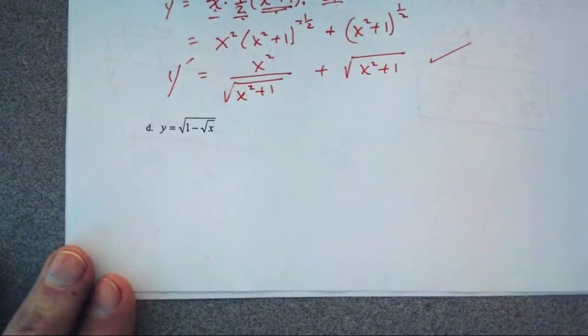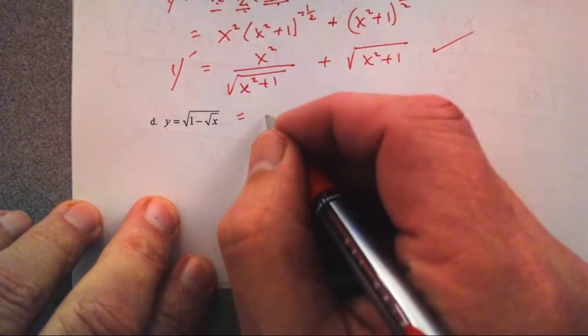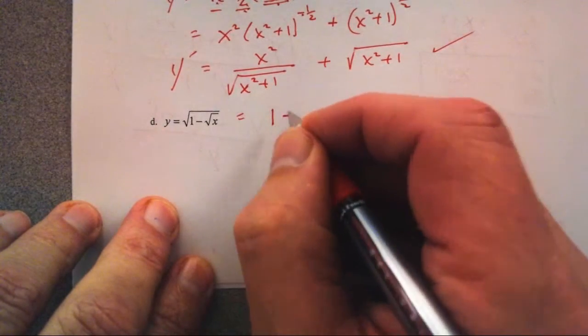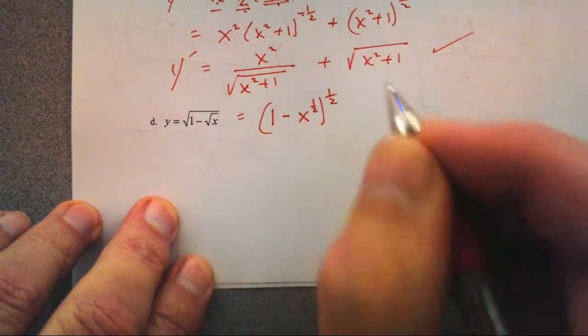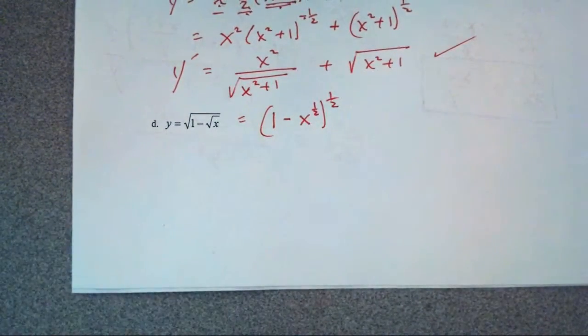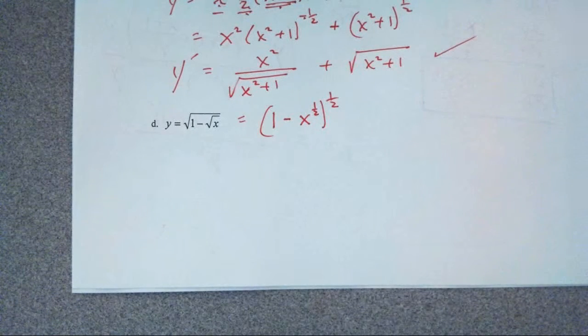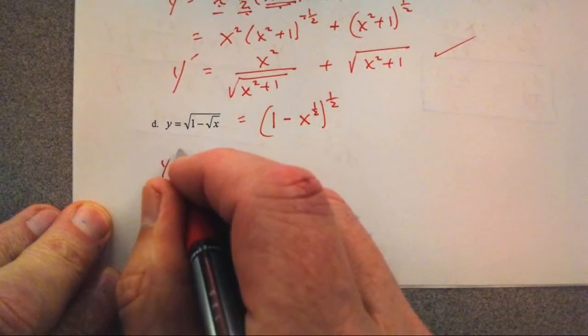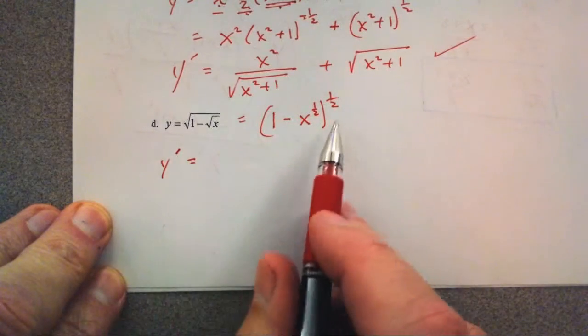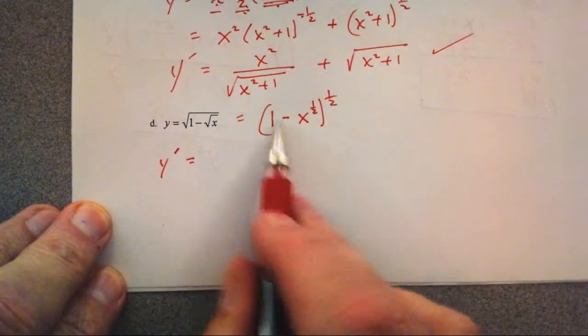Okay, I would rewrite this as, I think you'll follow this, (1 minus x to the 1/2) all to the 1/2. I think that's pretty clear, yes? Okay. I haven't found the derivative, I've just set it up for it. So y prime equals, I've got a mother function, something to the 1/2.